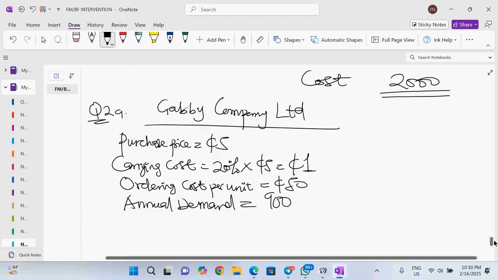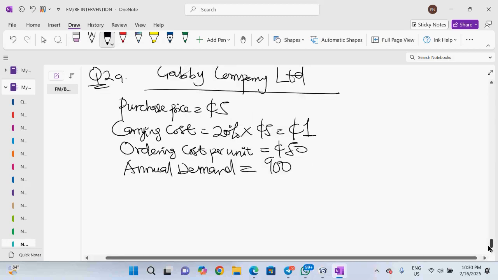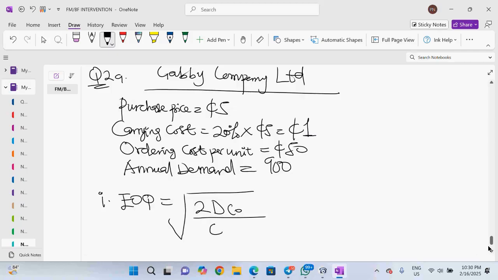Now we can start with our EOQ. What is our EOQ? EOQ is the square root of 2DCO all over the holding cost, and here it's the carrying cost.